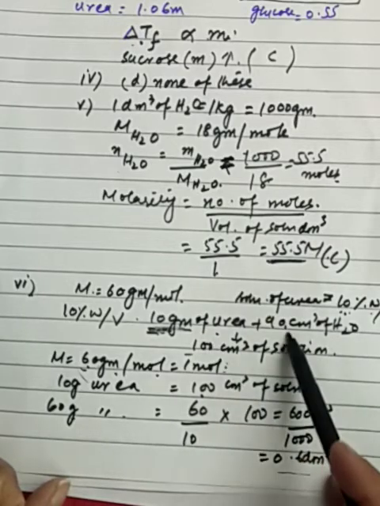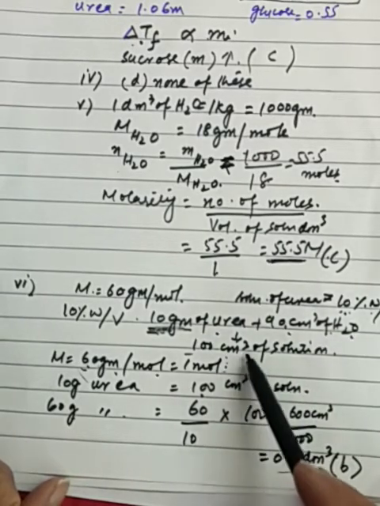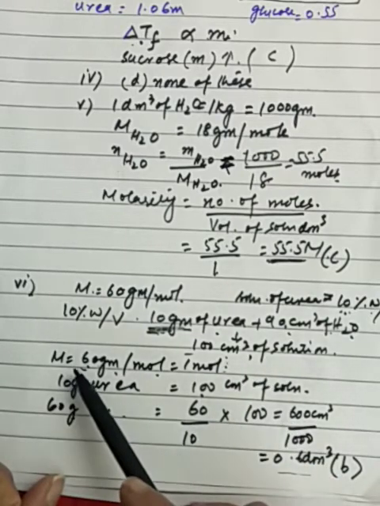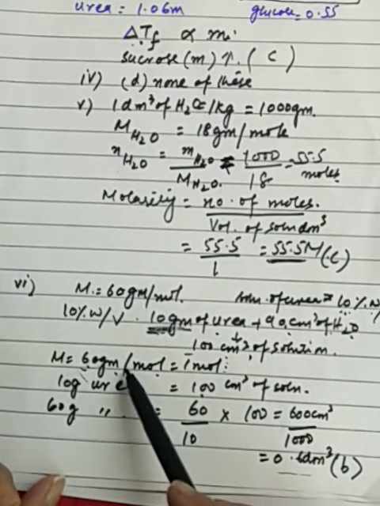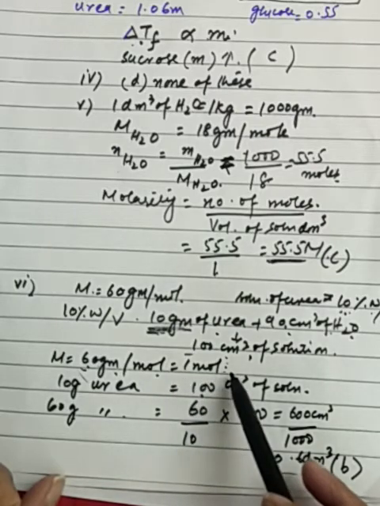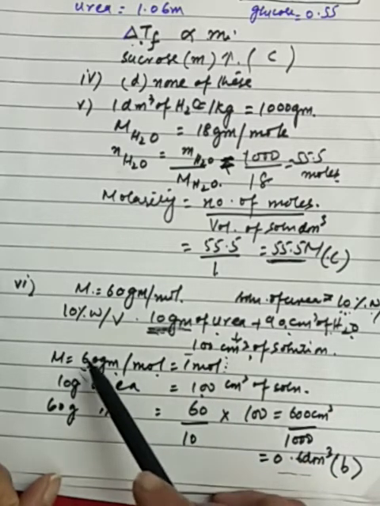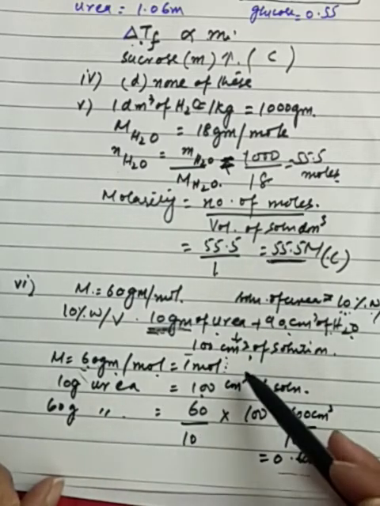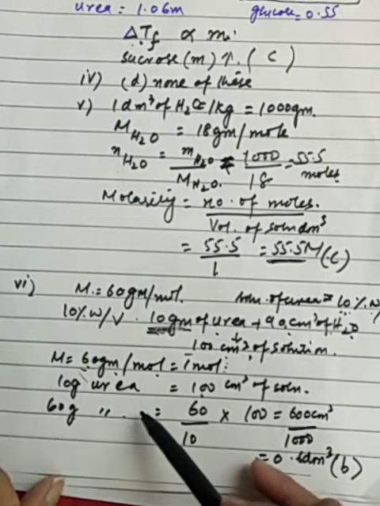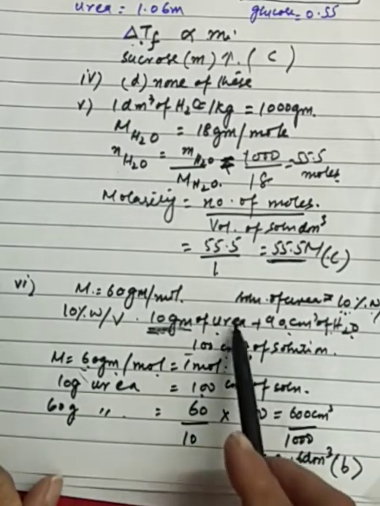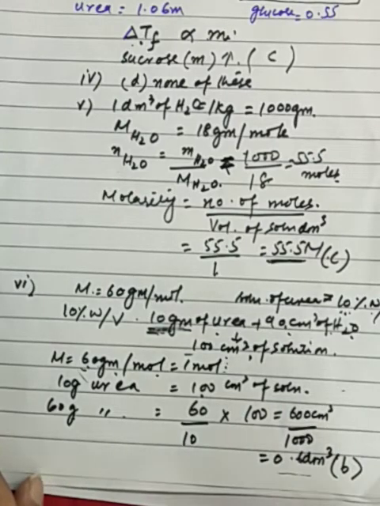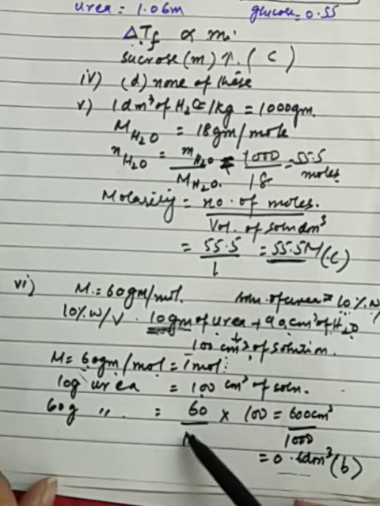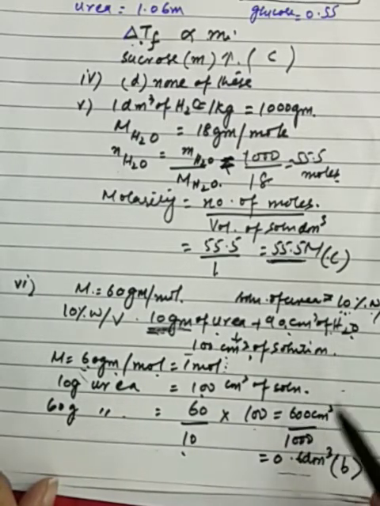का मतलब क्या है कि 10 ग्राम ऑफ यूरिया डिजॉल्व इन 90 सेंटीमीटर क्यूब ऑफ वाटर गिव 100 सेंटीमीटर क्यूब ऑफ सोल्यूशन। मोलर मास ऑफ यूरिया that is 60 ग्राम पर मोल is correspond to 1 मोल। 1 मोल ऑफ द सब्सटेंस कंटेन 60 ग्राम, 60 ग्राम ऑफ यूरिया रिप्रेजेंट 1 मोल ऑफ द यूरिया। 10 ग्राम ऑफ यूरिया कंटेन 100 centimeter cube of solution, and 60 gram of urea correspond to 60 divided by 10 multiplied by 100, it will be equal to 600 centimeter cube.